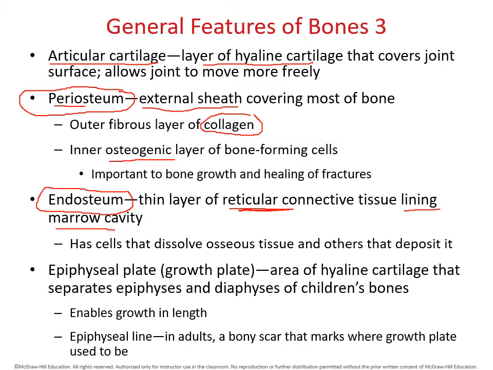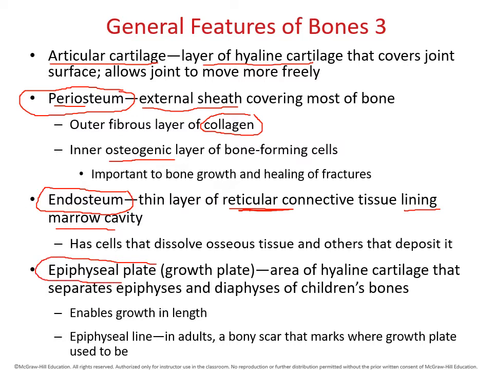Now, as you can imagine, there comes a time where lengthwise growth is going to be essential. So for instance, when you take a look at a toddler as they're growing into a young child, into the teenage stage, into the adult stage. What we see happening is that we need to have a section in the long bone that will allow for elongation to occur. And it turns out that particular section is going to be called the epiphyseal plate.